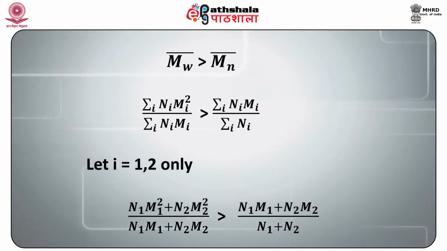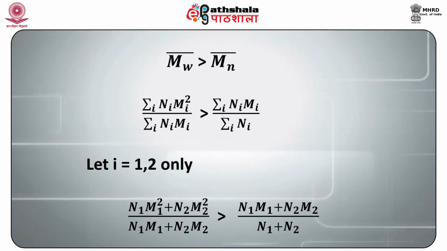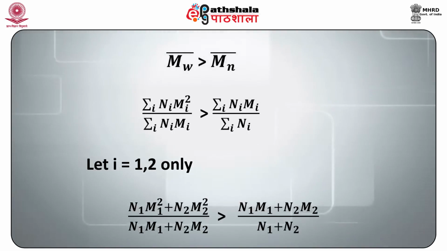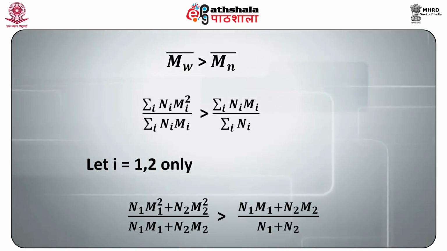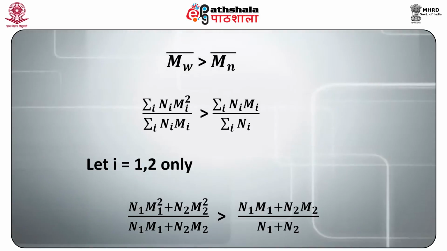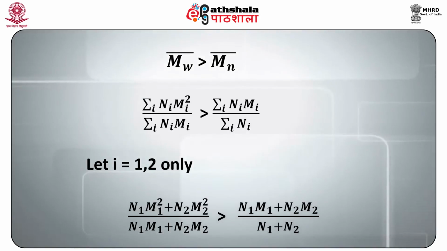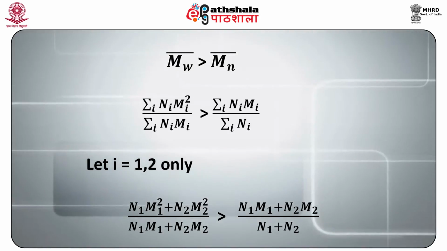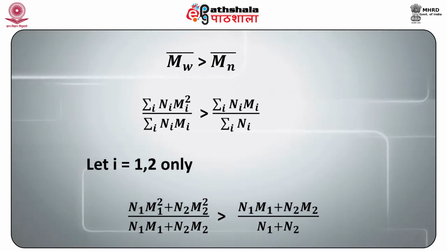For a polydispersed sample, Mw bar will be greater than Mn bar. That is, summation Ni Mi square by summation Ni Mi will be greater than summation Ni Mi by summation Ni. Let i equal 1 and 2 only.